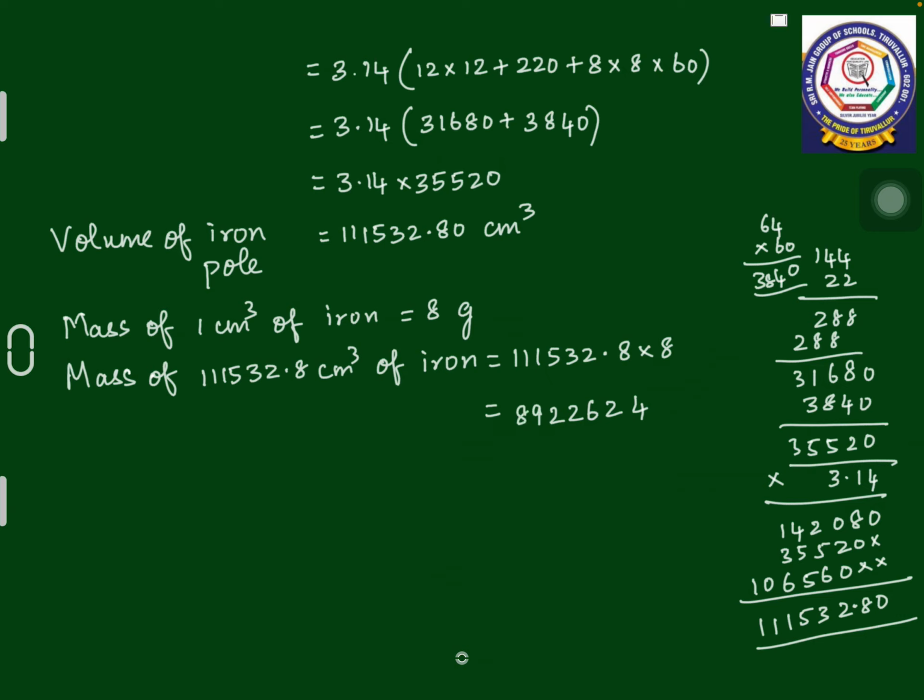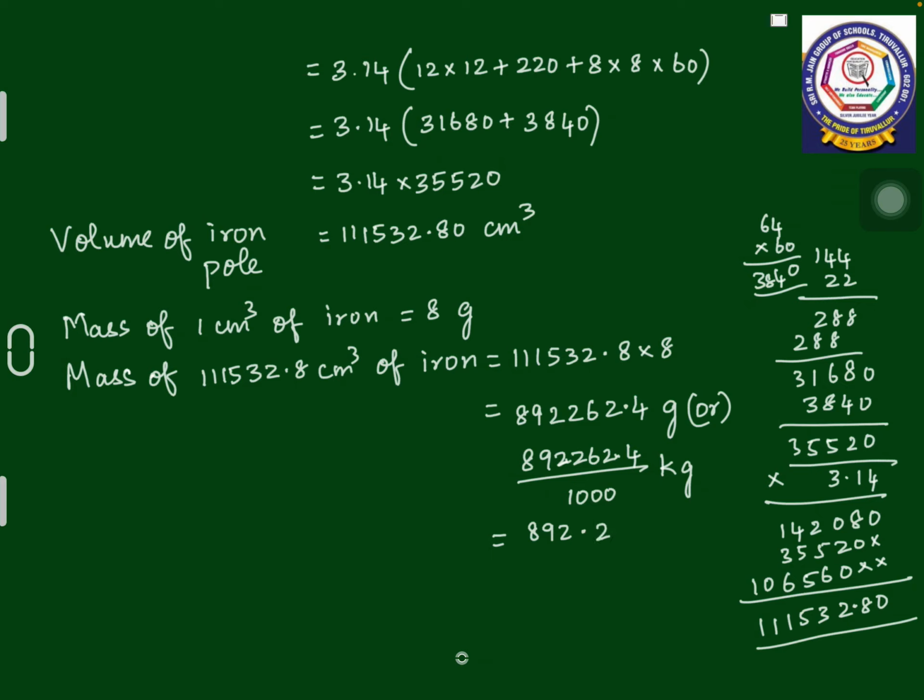So I get 8,92,262.4 grams. Or I can even convert this to kilogram by dividing it by 1000. That is equal to 892. The decimal will move through 3 places towards left.